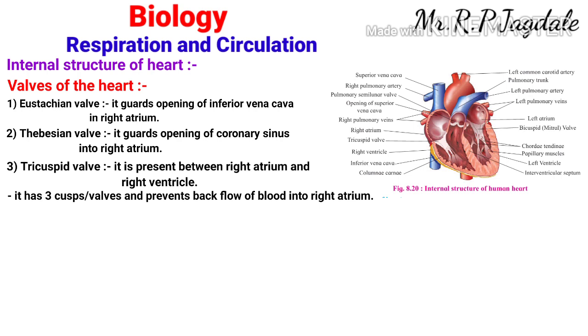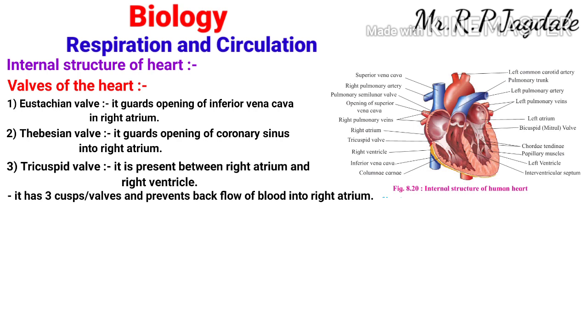Tri means 3, cuspid means cusps. These valves have 3 cusps, so it is called the tricuspid valve. And its function is that it prevents the backflow of blood into the right atrium. That means blood goes from the right atrium to the right ventricle, but from the ventricle, blood cannot go back to the atrium. That's why the 3 flaps are present.